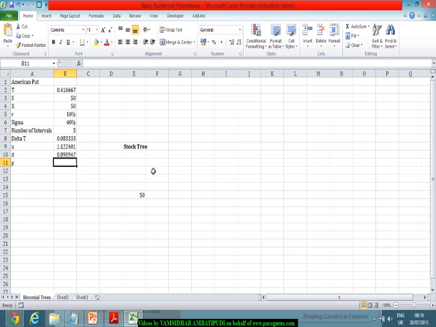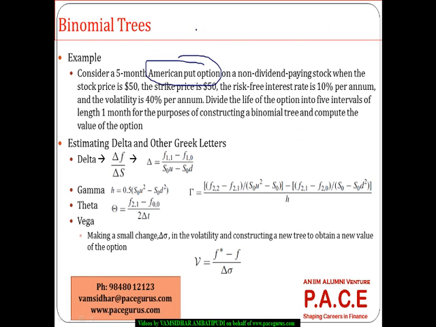Then I can compute the probability of going up, which is e to the power of (r minus q) times delta t, minus d, divided by u minus d. Here I don't have q because it's a non-dividend paying stock, so I'll take it as e to the power of r delta t.